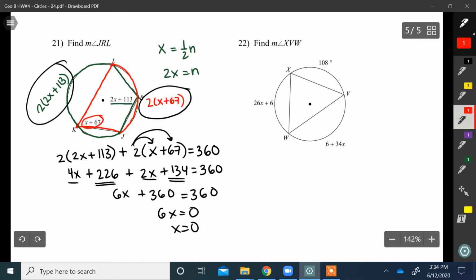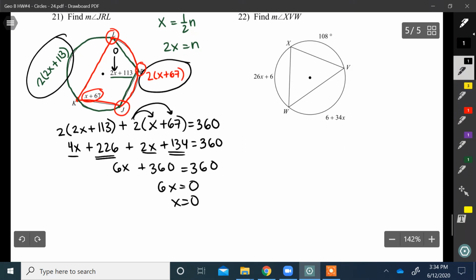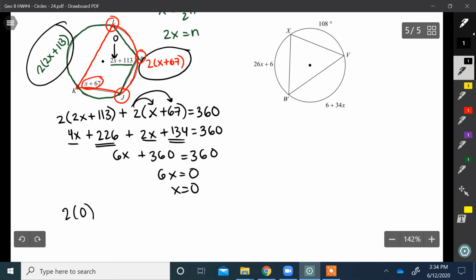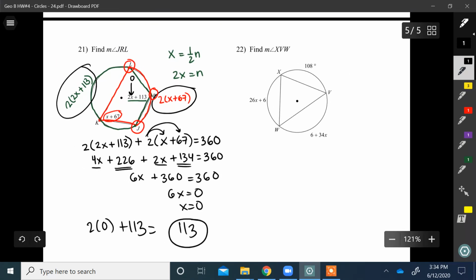Which means I'm looking for JRL. So I'm going to plug in 0 in there. So 2 times 0 plus 113. Your actual answer is 113 degrees. That should be your final answer.